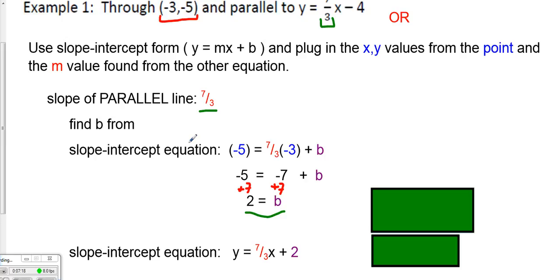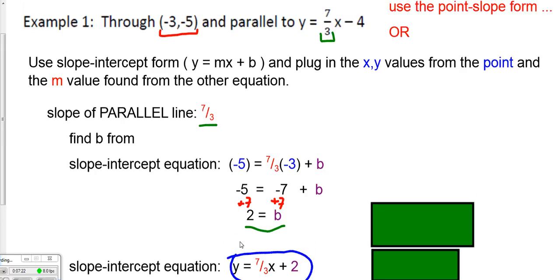So notice, slope-intercept form right here, and this was the original equation that we are working from. This line will not go through this point. This line is, we'd say, way over here, and we need to get through this point, (-3, -5), which means we need this line to do it.